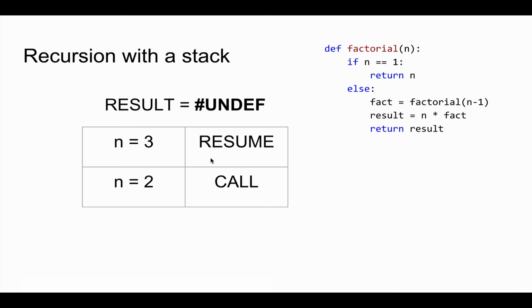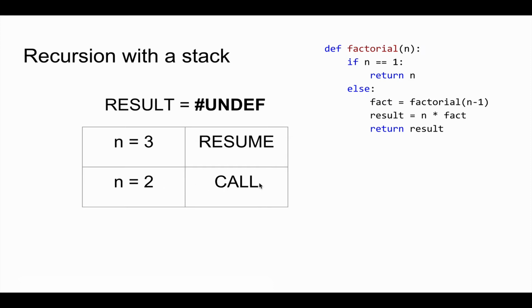So what we replace that call to factorial with n equal to 3 with, based on the previous reasoning that we just did, consists of a call to factorial where n is equal to 2. Once we have finished that computation, we can resume the call to factorial where n is equal to 3 and finish off that computation because we'll know this value, factorial of n equal to 2.